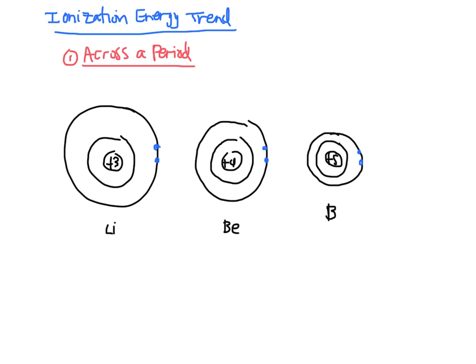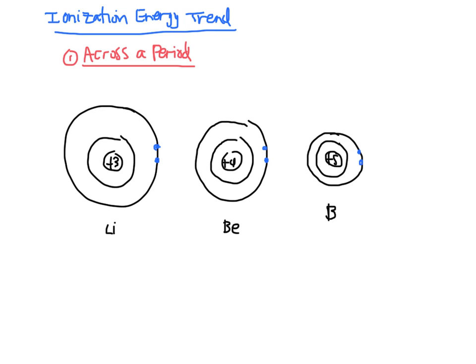So it should be harder to remove, say, for example, in period 2, the further to the right you go, the harder it is to remove an electron because your radius is getting smaller and your valence electrons are getting closer to the nucleus.